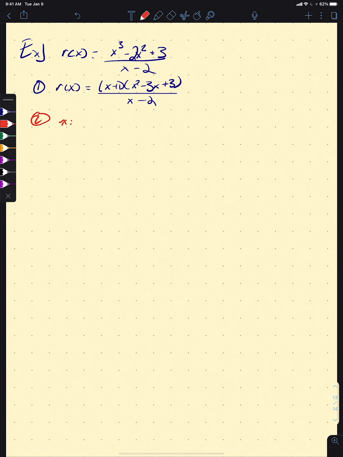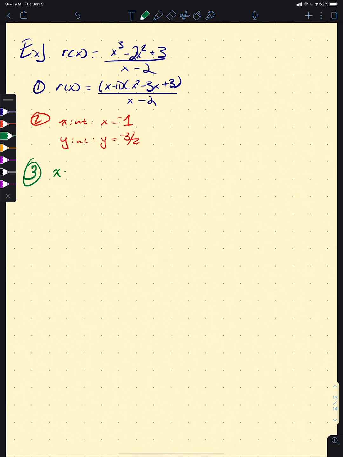As such, here we have our x-intercept of x equals -1, and our y-intercept comes from what we've been doing before, (0, -3/2). Perfect. What's my vertical asymptote? Well, I only have one.